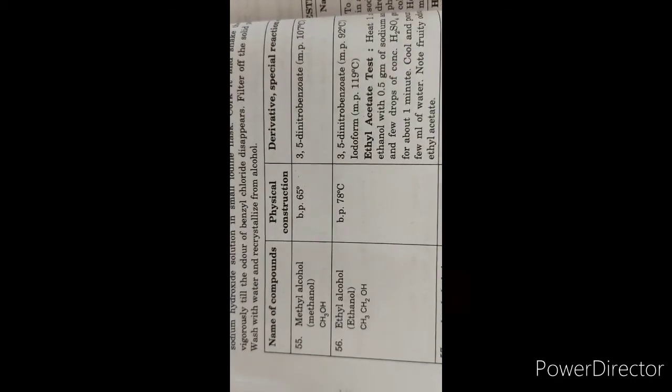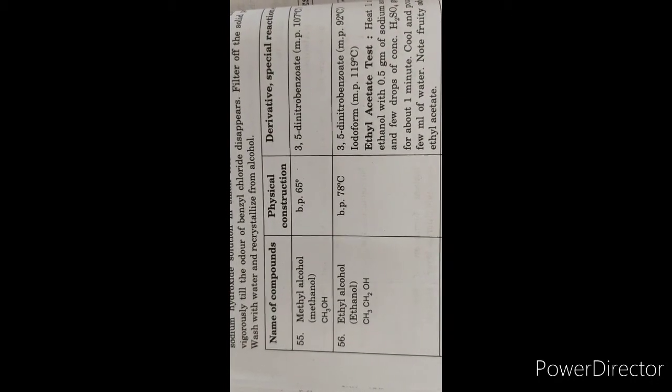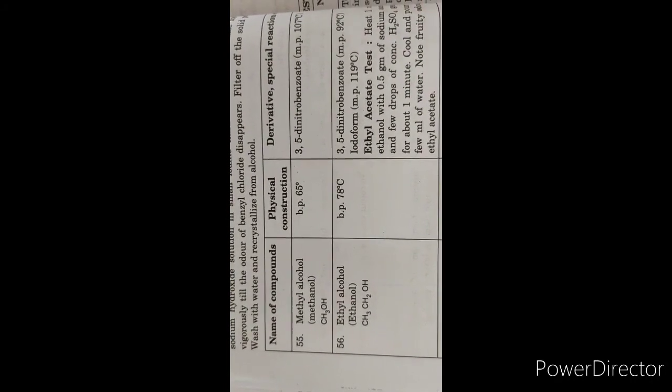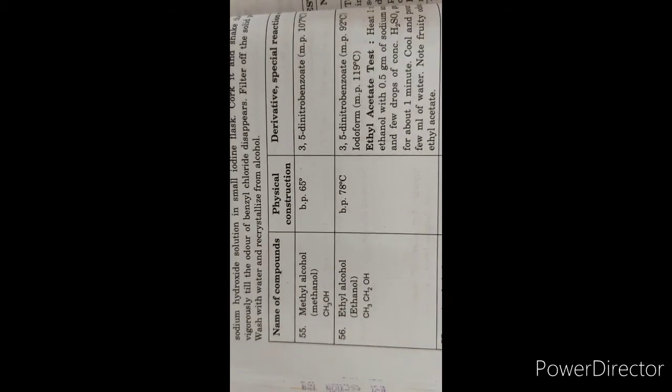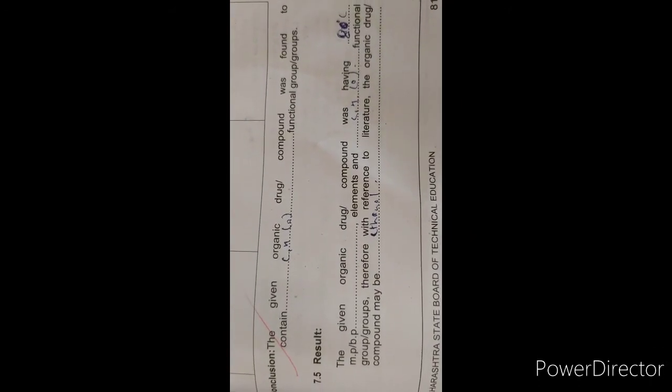So our given compound or sample was found to be ethyl alcohol. So, conclusion: the given organic compound was found to contain CHO functional group, the given compound had a boiling point of about 80 degrees, and the elements are CHO, hence the given compound was found to be ethanol.